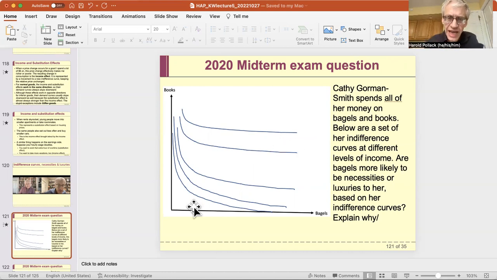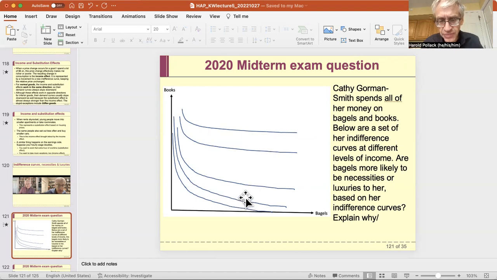Well, the main thing is what's happening to these curves as we move away from the origin. They're getting flatter, right? So as she's out here, an extra bagel is not worth very much to her compared to down here, where she's at this pretty low level of resources. There's a noticeable verticality to this.